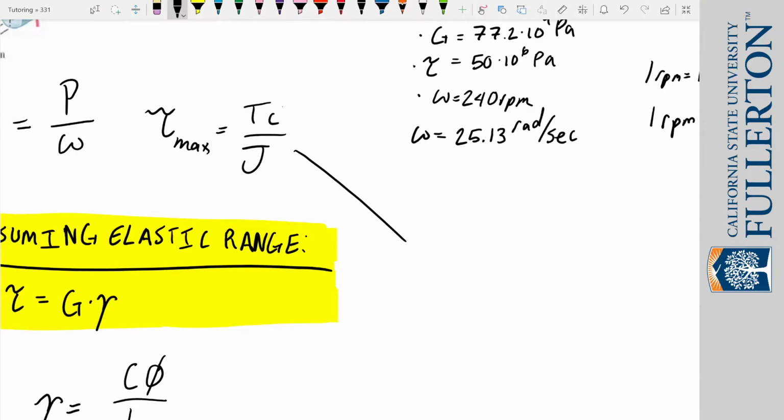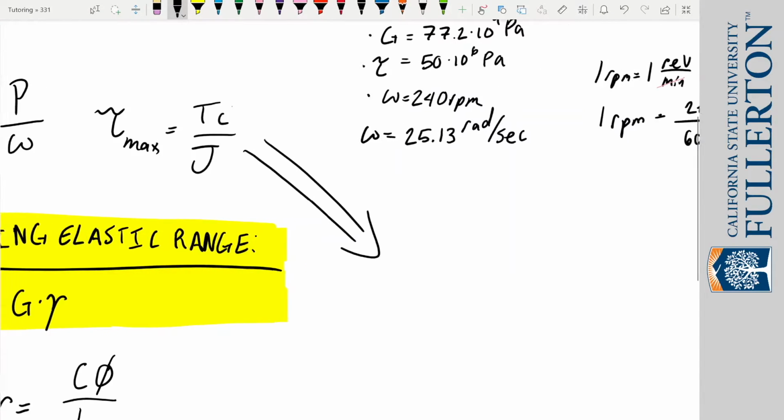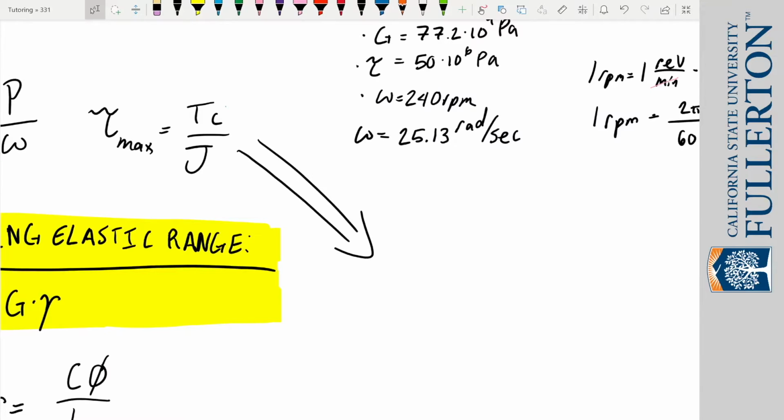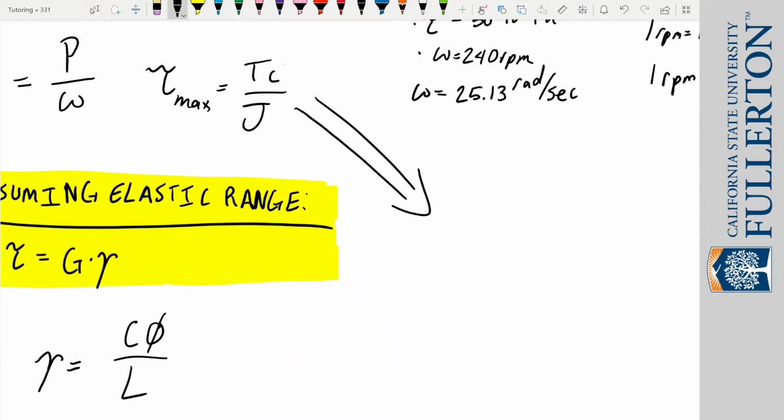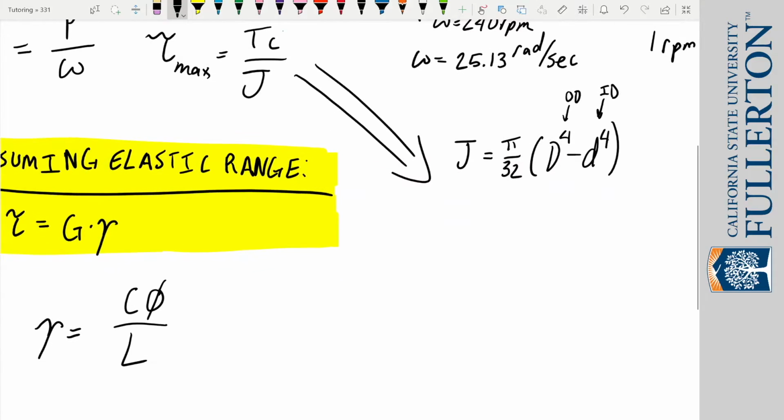Let's start out by working from this equation. We should also recall that J for a hollow tube is equal to pi over 32 times d to the 4th minus d to the 4th, where this is the outer diameter and this is the inner diameter. I'm going to just rearrange the equation and solve for torque.